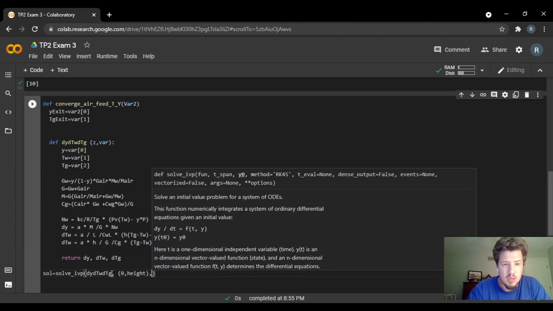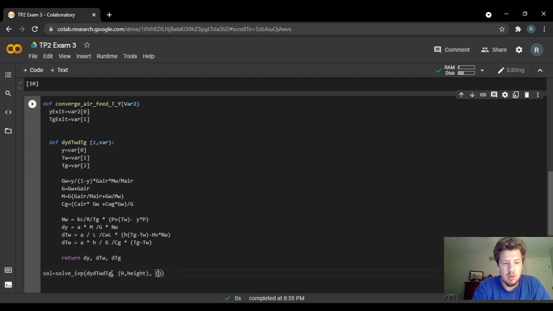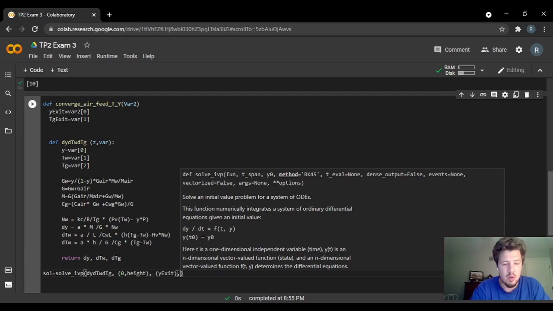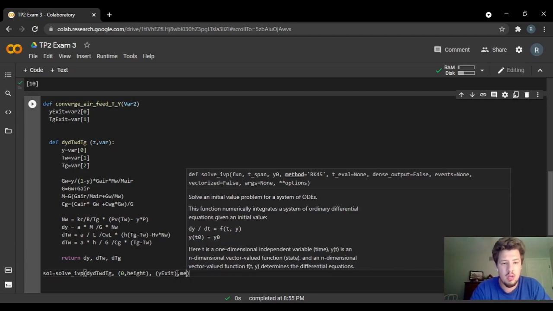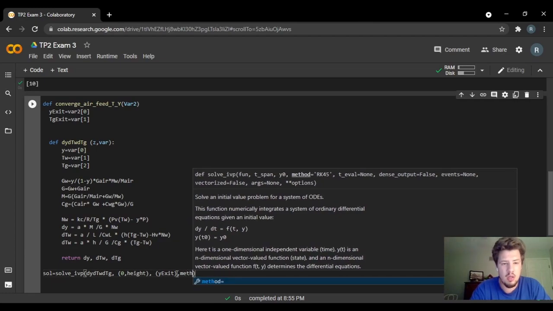Then we need to give it the beginning of it, so that would be y height or y exit, to give it a z naught value, and then we're going to evaluate it with method Radau.